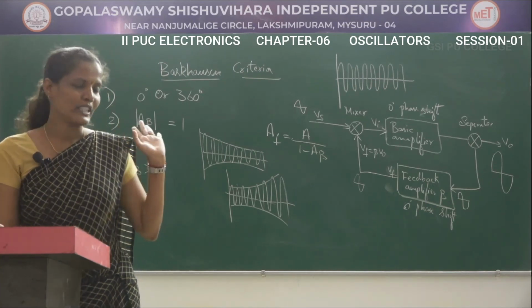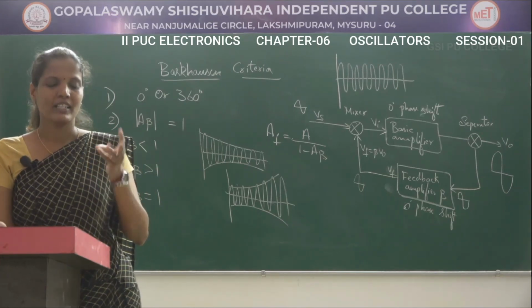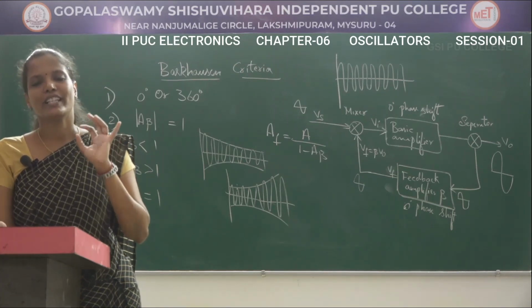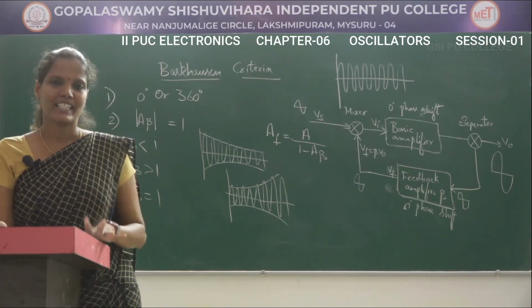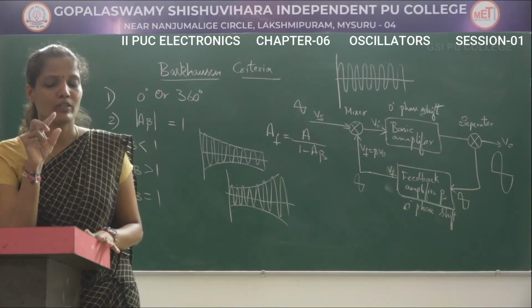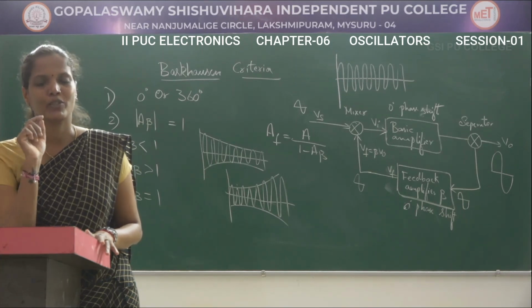We also saw the two criteria given by Barkhausen. The very first criterion is that the total phase shift must be 0 degree or 360 degree, and the second criterion is that the magnitude of the product of open loop gain A and feedback gain beta must be equal to 1.